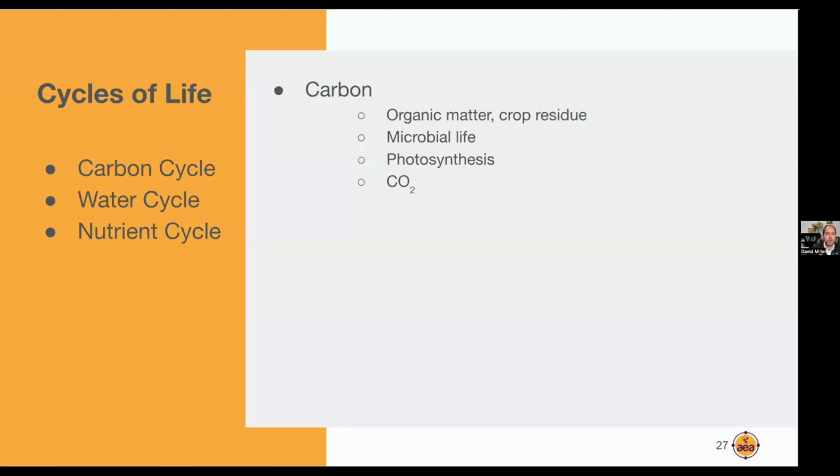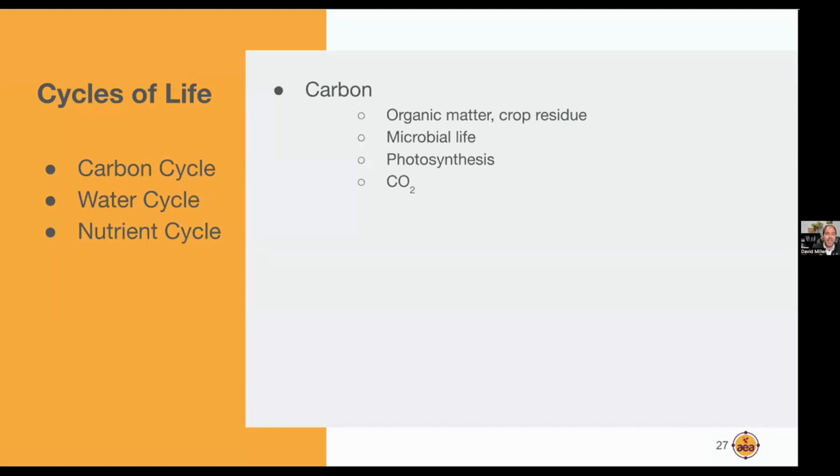We have crop residue, we have organic matter in varying stages of decomposition, and as the microbes work on that, CO2 is released, which is critical in the cycle of life, because if the plants don't have CO2, they cannot photosynthesize. And if plants can't photosynthesize, that means they can't give off oxygen. The byproduct of photosynthesis is oxygen. How many of you find oxygen quite important? I do. We need oxygen. So it's all about the cycle and keeping the cycle going.